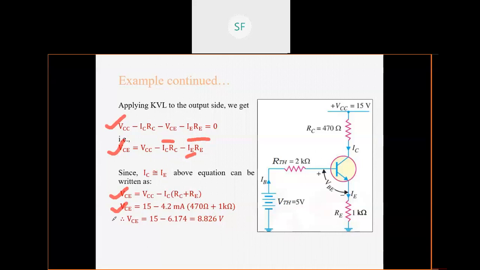Then again kindly do this calculation and let me know whether the final answer is correct or not. I will wait for a couple of minutes. Calculation करके देखो और give me the answer.